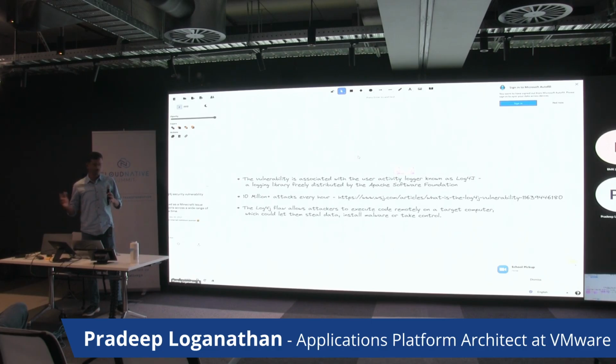And platform operators everywhere were rushing to plug holes, trying to patch. People weren't sure what package they were using, which version was impacted, which application was using which particular package, how many applications are using these packages, which containers are impacted in production, how many containers. So nobody had any visibility in terms of what was the impact around all of these things, right?